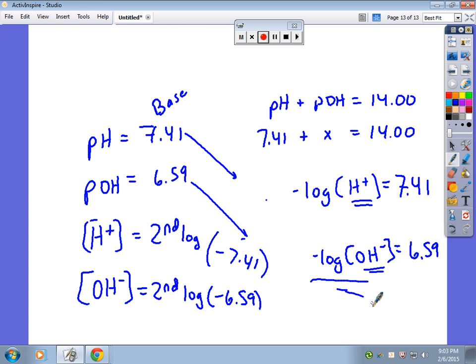You're anti-logging it. So when you press second log of negative 7.41 for hydrogen ion concentration, I get 3.9 times 10 to the minus 8th. I'm going to label that molarity because that's what I found. For OH minus, I'm going to get 2.6 times 10 to the minus 7th molarity because I found the hydroxide ion concentration.